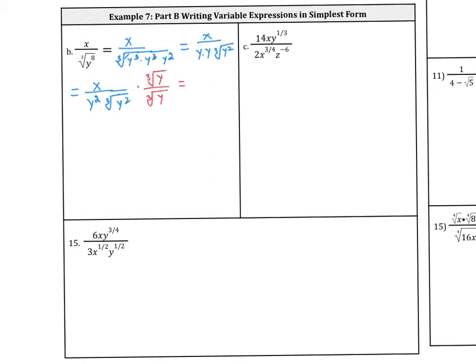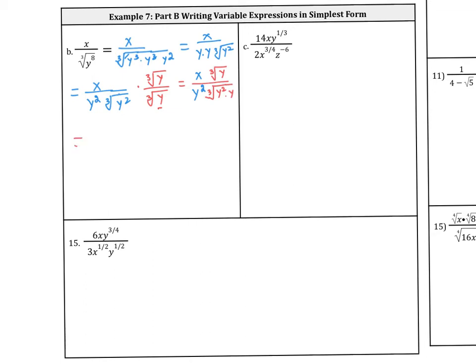On the top, what we got is x times the cube root of y, and on the bottom we got y squared and the cube root of y squared times this y.